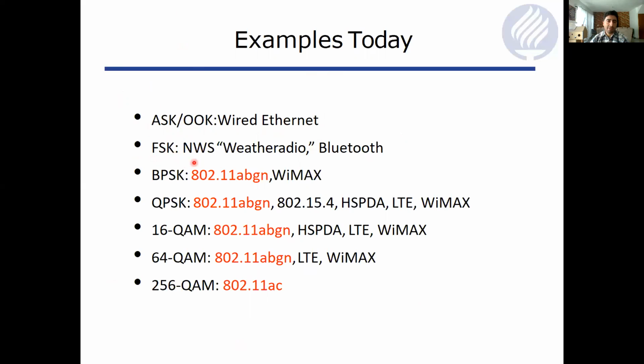But as an example, national weather station radio can use frequency shift keying, or Bluetooth standards. Binary phase shift keying, as we mentioned, we use in 802.11b, an old Wi-Fi standard, or WiMAX. Quadrature phase shift keying we use in a Wi-Fi standard, or for example in the Zigbee standard. It's a low power, short range wireless standard.